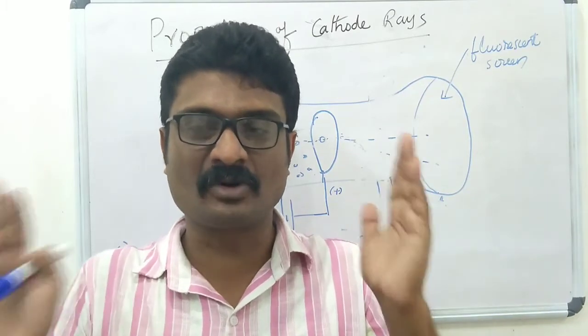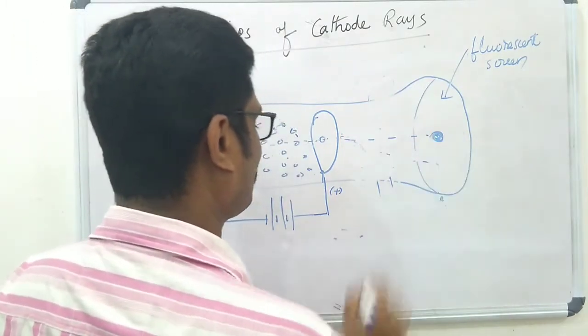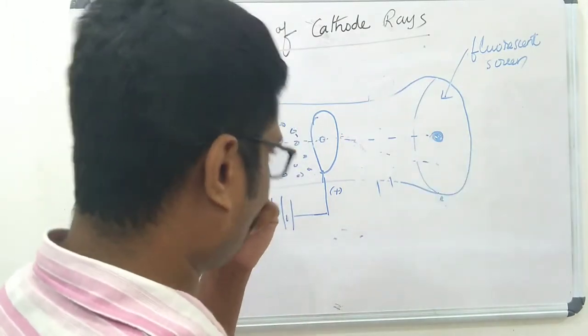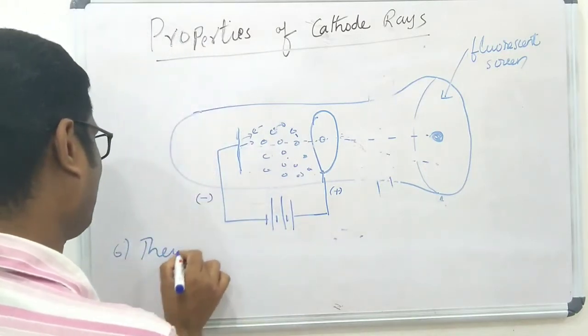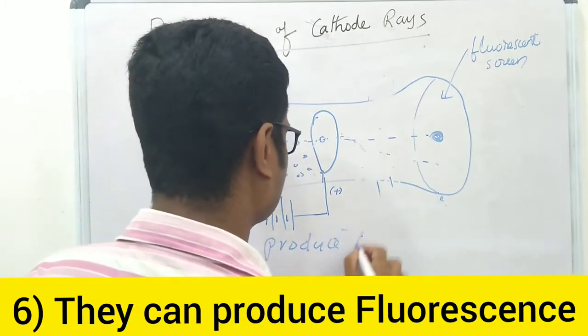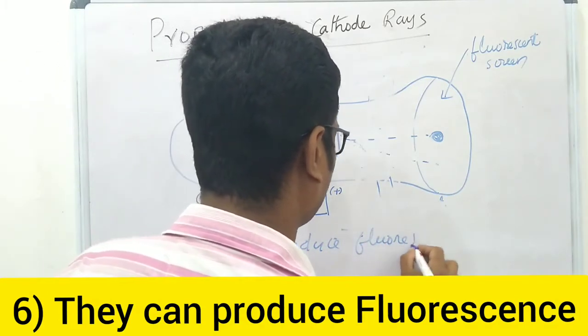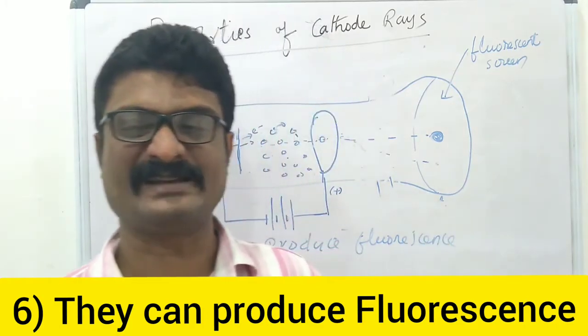We can observe glow. They can produce fluorescence.